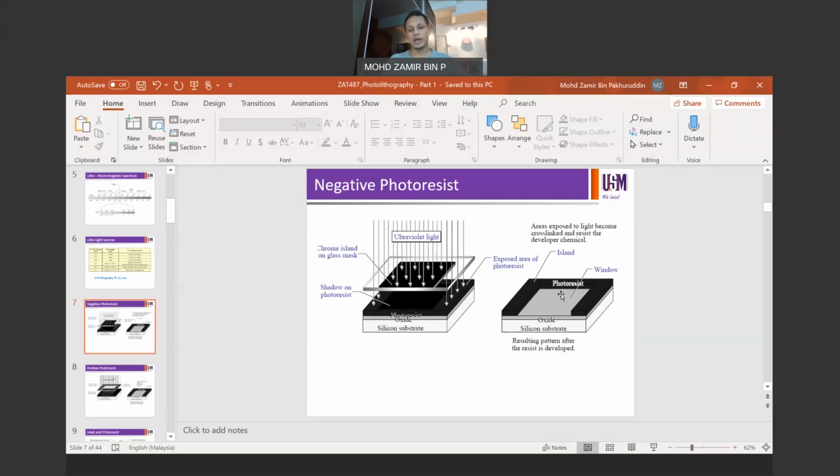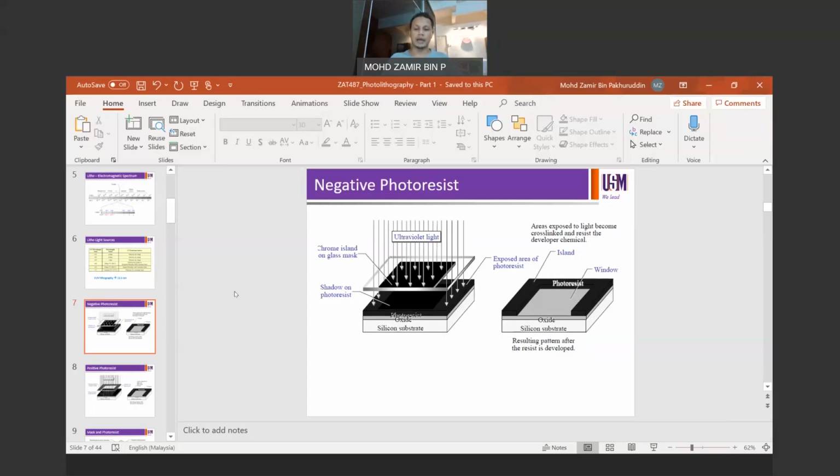Then after the development process, we're going to be left with a pattern on the outer edge of the sample made of photoresist on the blanket oxide that we have grown before in our thermal oxidation process on the silicon substrate. So you're going to be left with U-shaped photoresist hardened on blanket oxide and on the silicon substrate. This is what happens when you use negative photoresist.